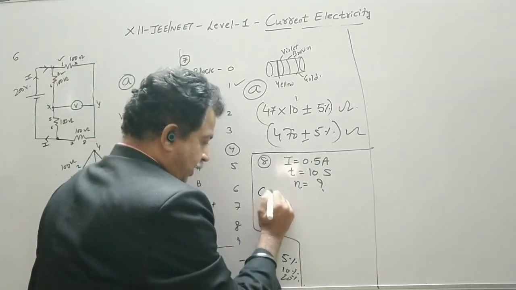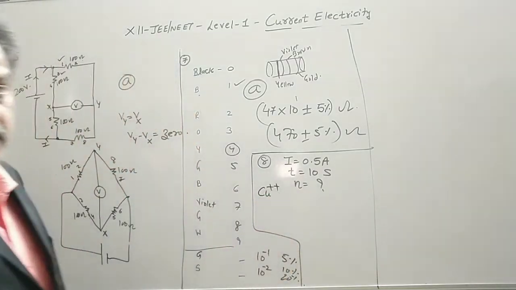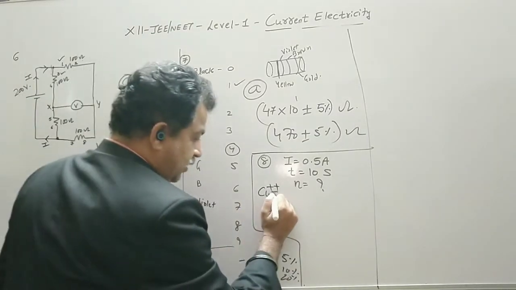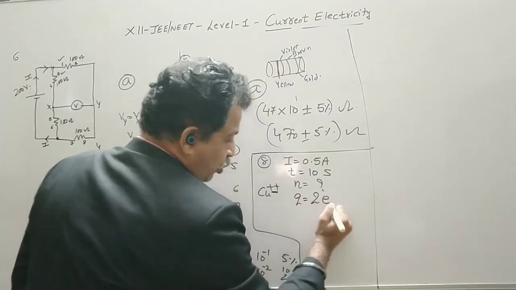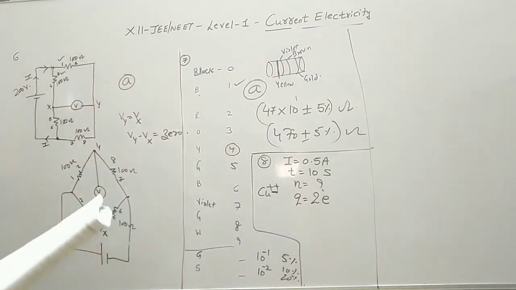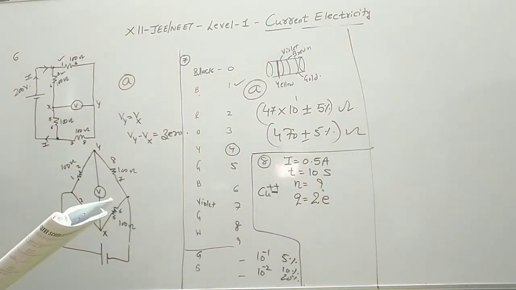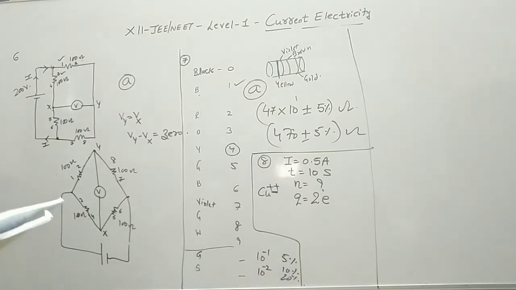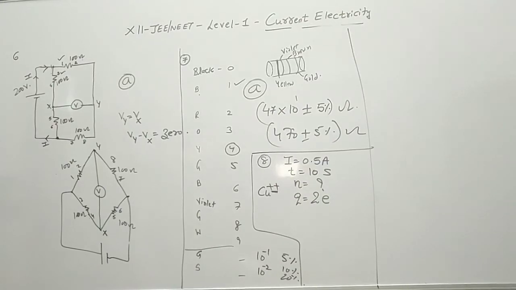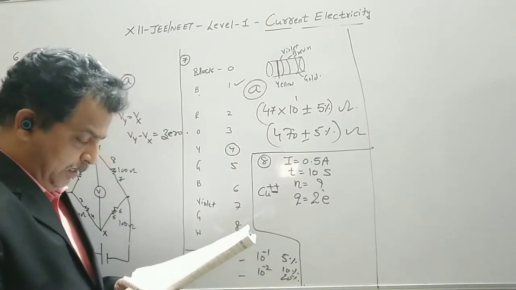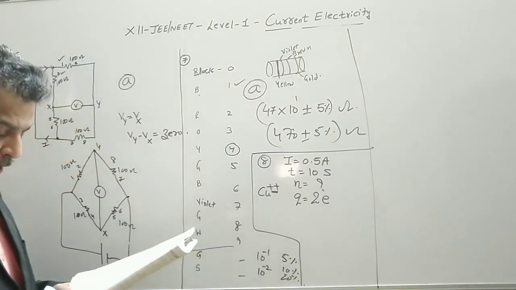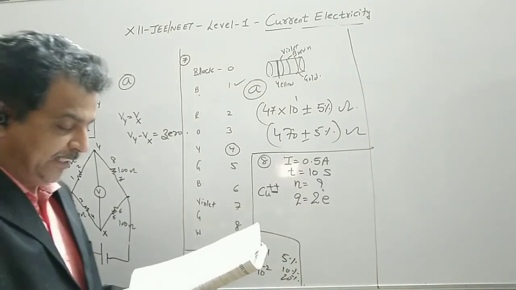Now we have a copper ion, so here the valency is 2. So the charge deposited should be equal to twice e. So we have to find out how many copper ions will be deposited on the cathode in 10 seconds.